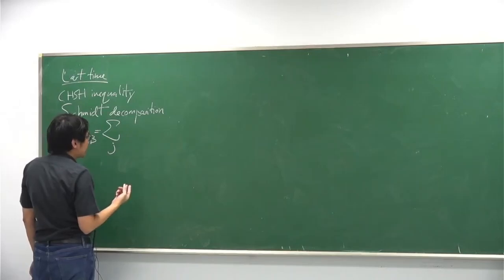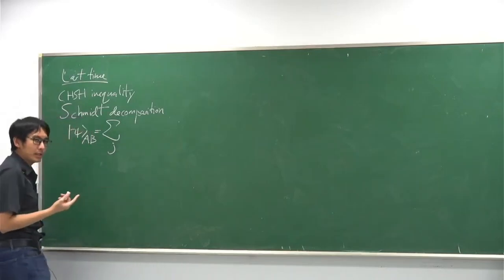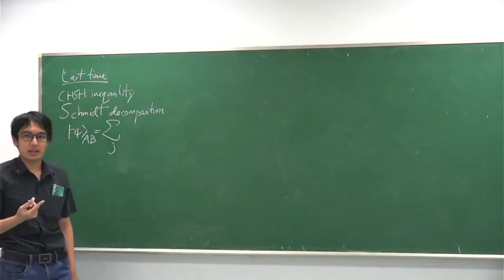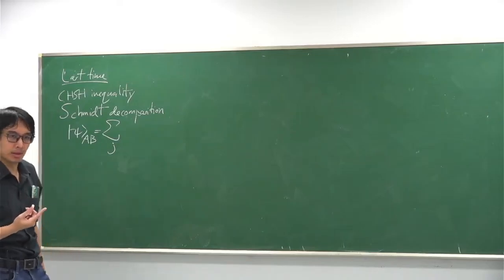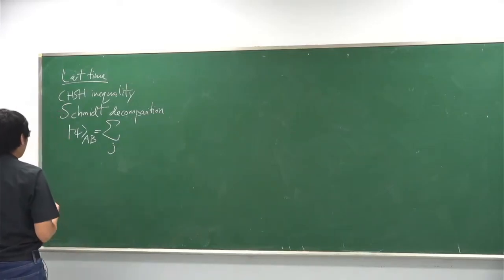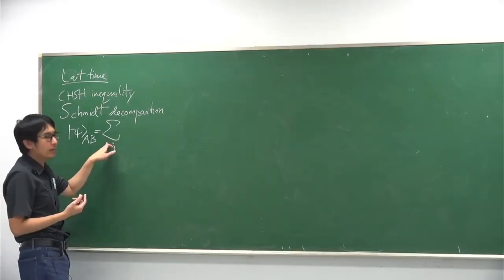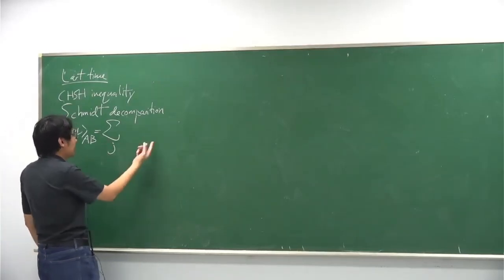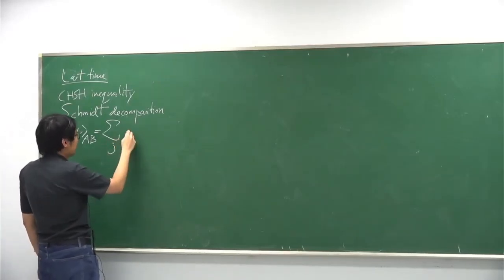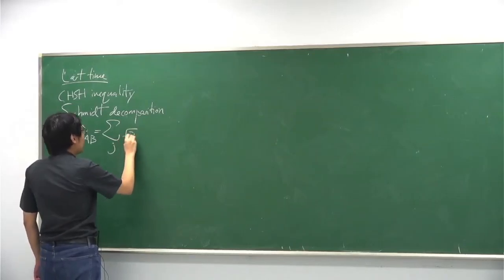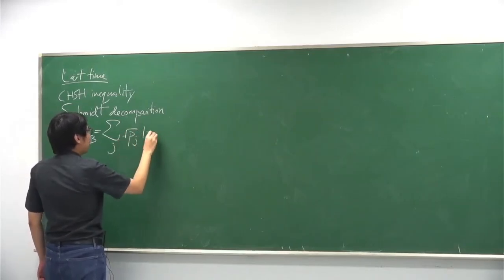Normally if I use a product basis, basis elements that are themselves tensor products, then I will need to sum over two indices here. But by applying the singular value decomposition, we have a special way to write this.